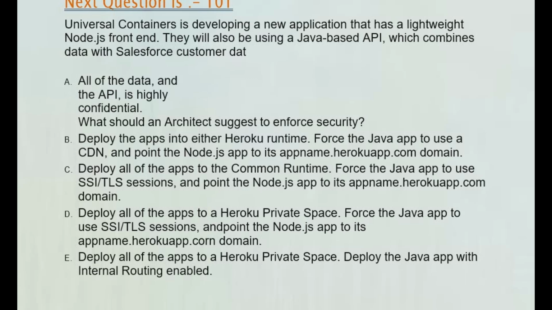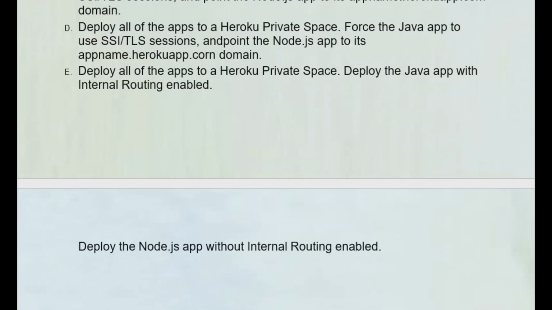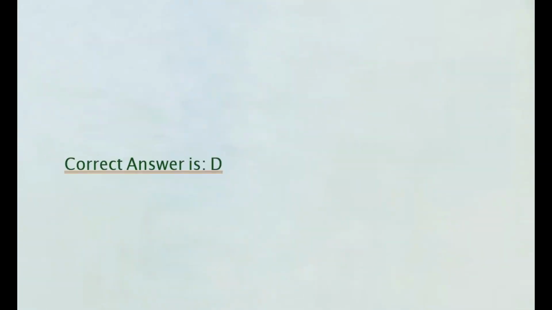Option D. Deploy all of the apps to a Heroku private space. Force the Java app to use SSL/TLS sessions and point the Node.js app to its appname.herokuapp.com domain. Option E. Deploy all of the apps to a Heroku private space. Deploy the Java app with internal routing enabled. Deploy the Node.js app without internal routing enabled. Correct answer is option D.